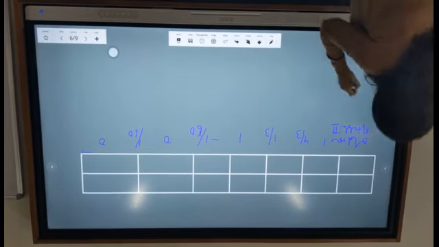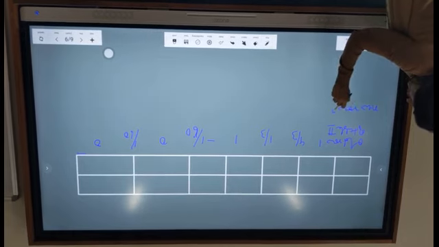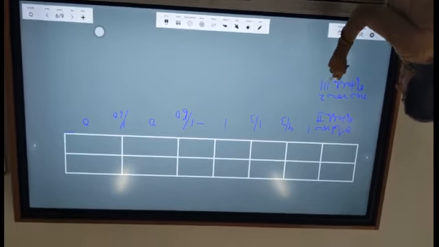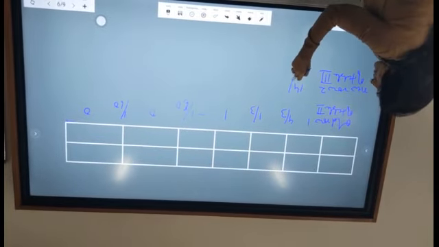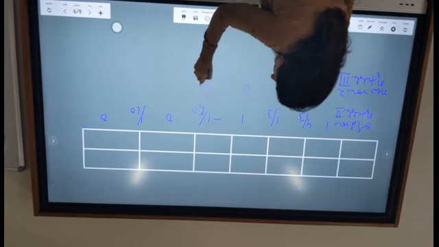Now here I write the new row of table 3: 3, 14 by 5, 1, 0, 1 by 25.